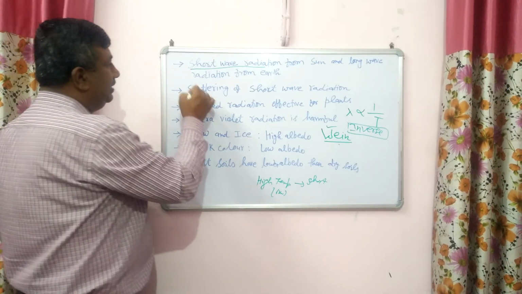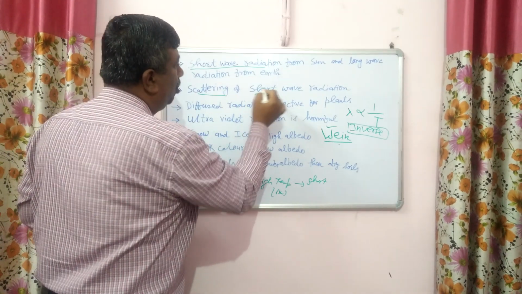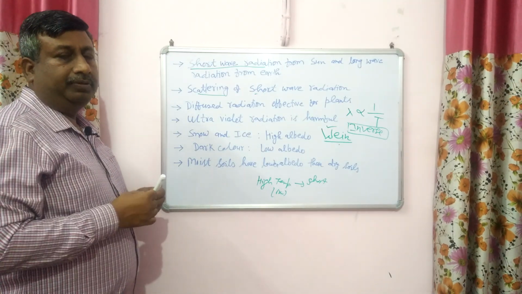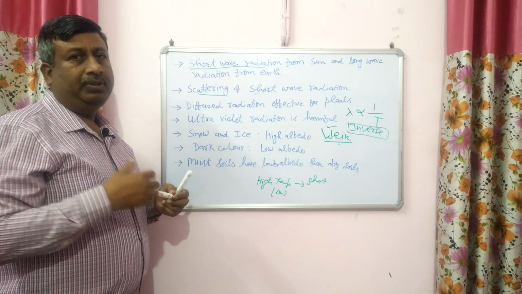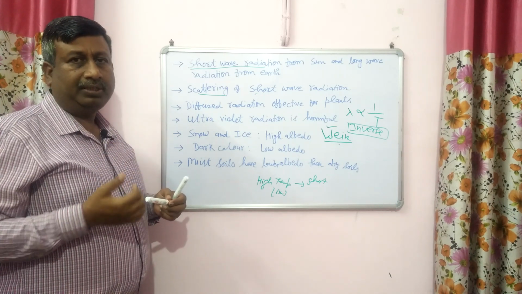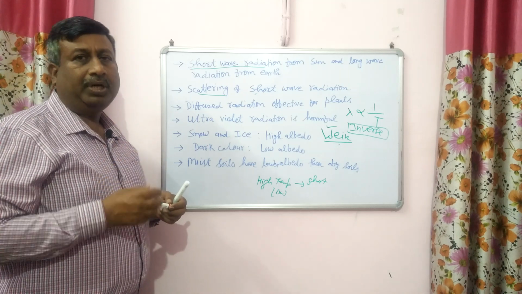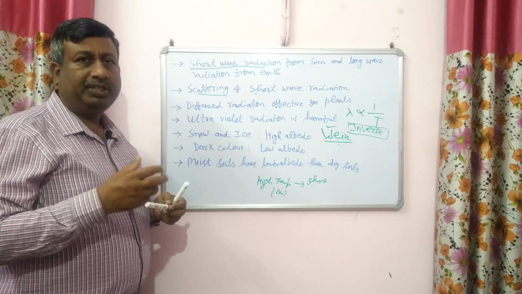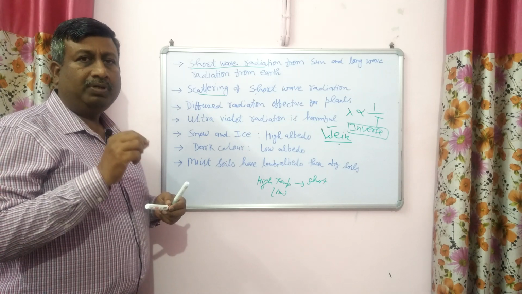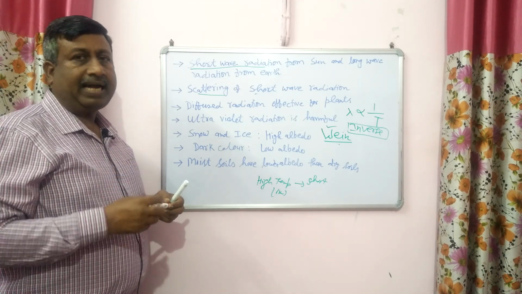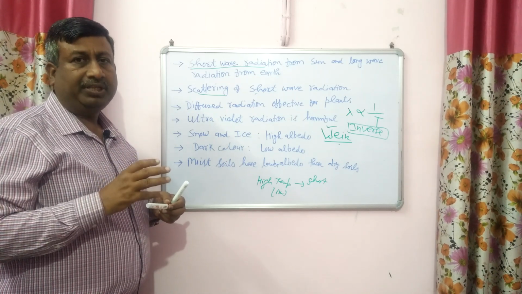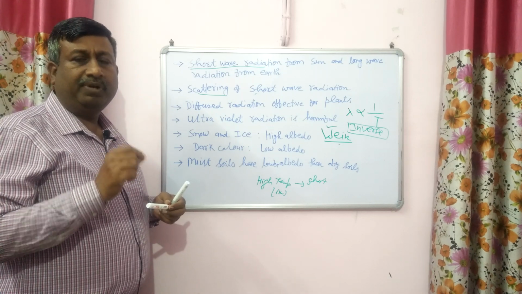Another reasoning is that scattering of short wave radiation occurs. When radiation moves from the sun to the earth and enters the earth's atmosphere, there are particles, pollutants, and small dust particles, and because of these particles, scattering occurs. There is no reflection. Actually scattering is different from reflection.